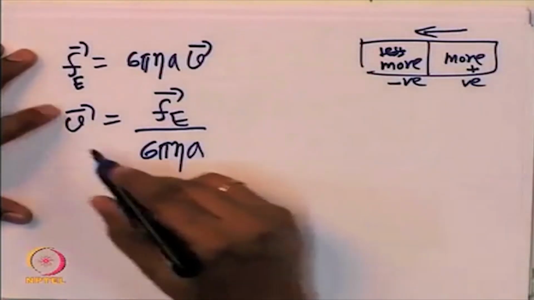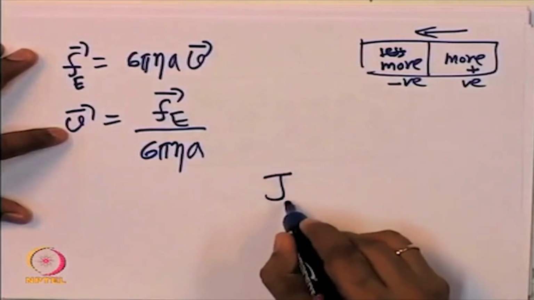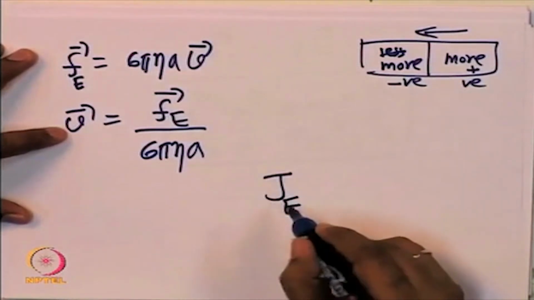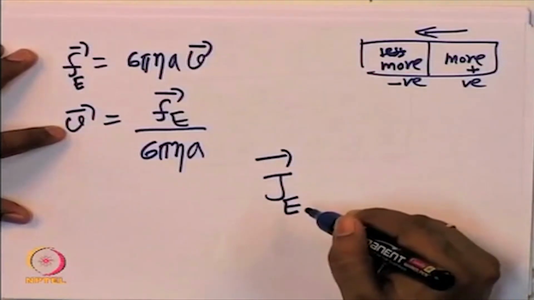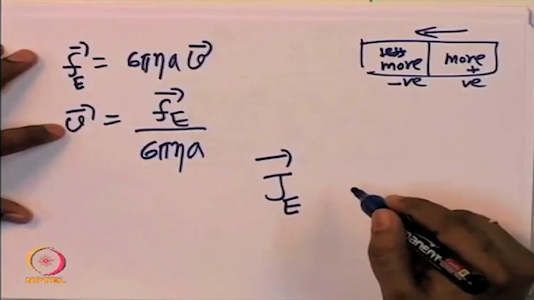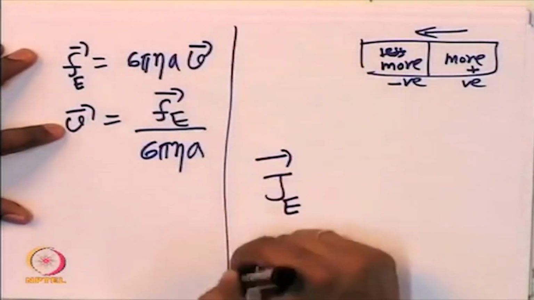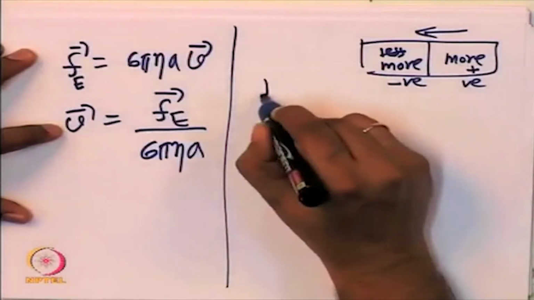Now, what will be the current due to the electrostatic interaction? We found out in the previous case the current due to the concentration difference, which we called J_D.